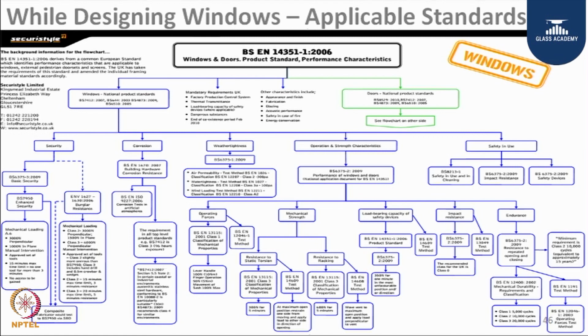There is another part: windows also need to be tested, and in India, though we do not have many standards applicable for the window industry, in the international arena there is a huge range of test standards for testing window framing materials, applications, opening and closing pressures, wind load performance and so on and so forth. I am sure India will also catch up on this.